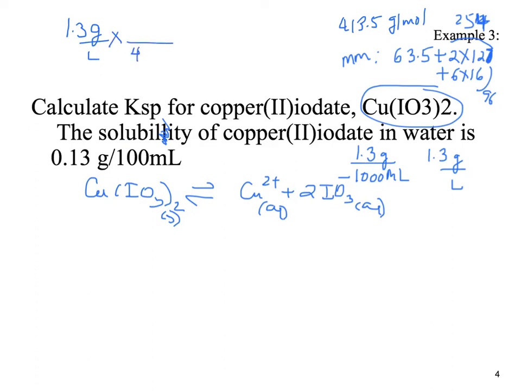And since this is 413 grams per mole, you would say 1.3, divide that number by 413.5, and that will give you 3.14 times 10 to the power of minus 3 moles per liter.